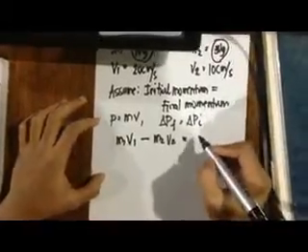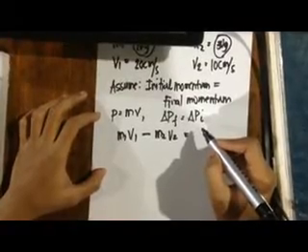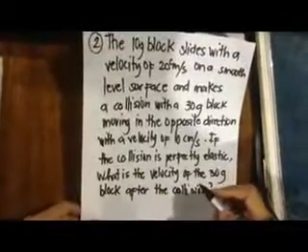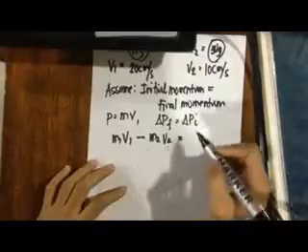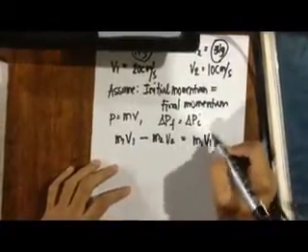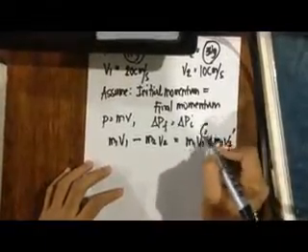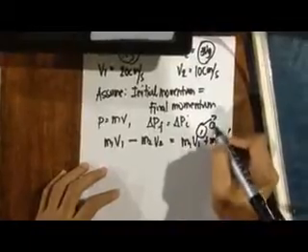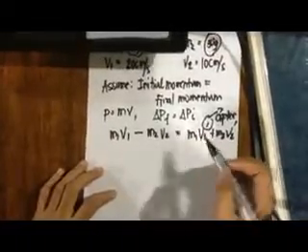If they collide, they may stick together, but it's not stated in the problem whether they stick together or not, or whether it is head-on. And then m1 v1 minus m2 v2 is equal to m1 v1 prime plus m2 v2 prime, where prime means after, and also we can say that before is just equal to after.